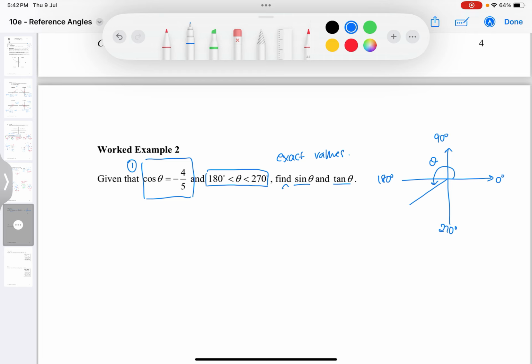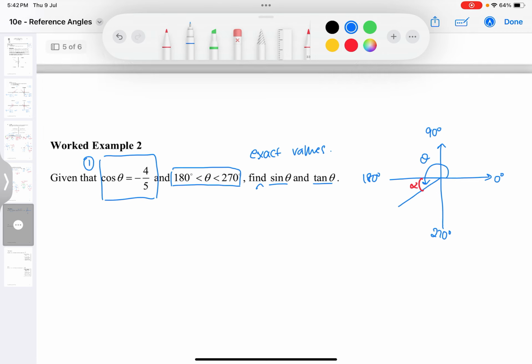So you are told that cosine of theta equals negative 4 over 5. And we learned previously that the angle is related to the corresponding basic angle. So cosine theta relates to alpha, the basic angle at that point.